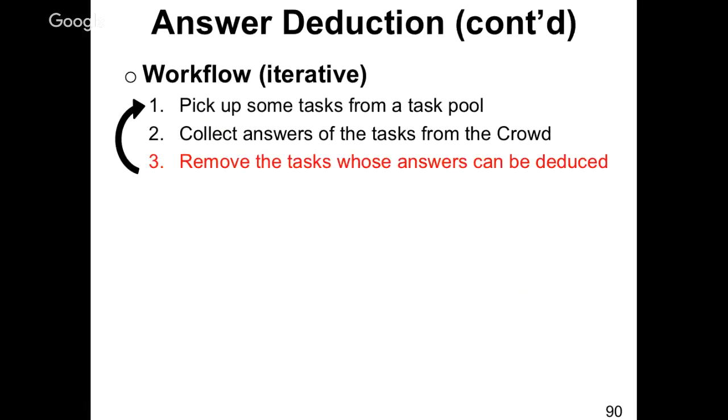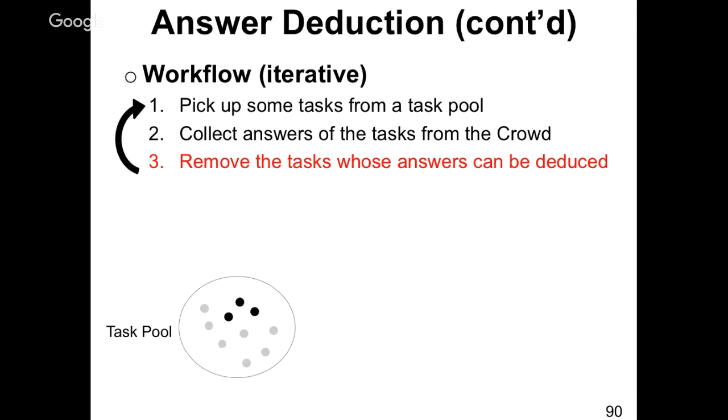And the workflow of this technique is to use an iterative workflow. It will first pick up some tasks, and then use the crowd to get the answers to these tasks, and then use the answers of these tasks to derive the answers of remaining tasks.